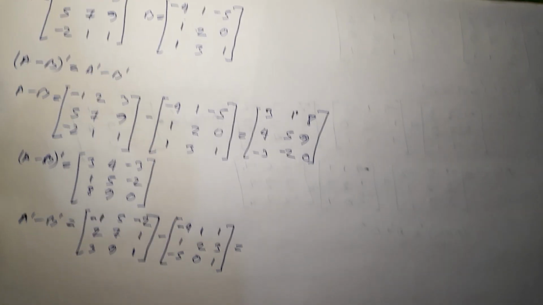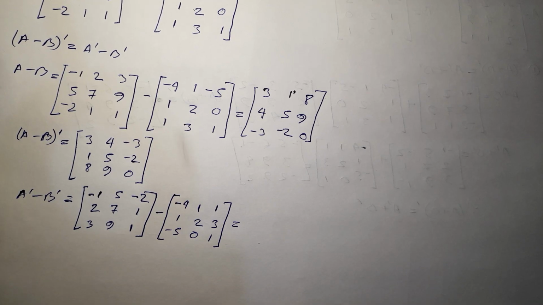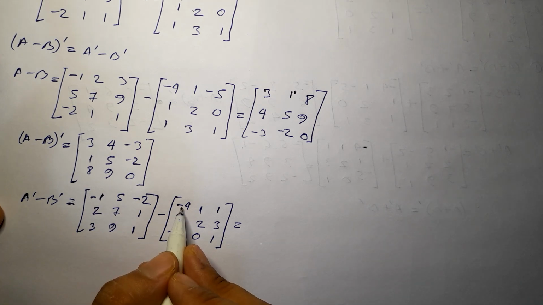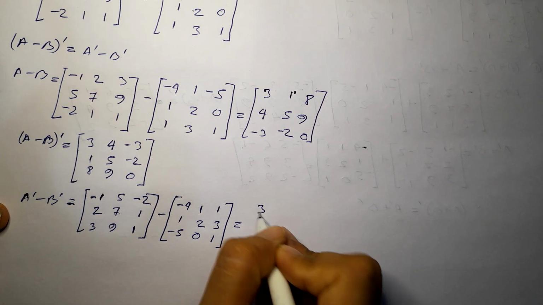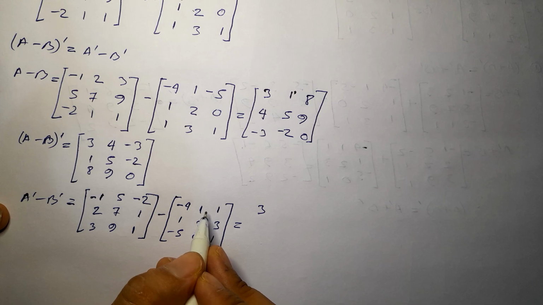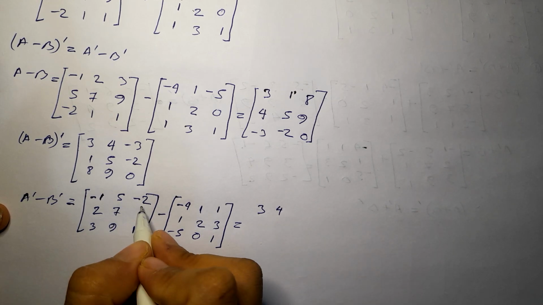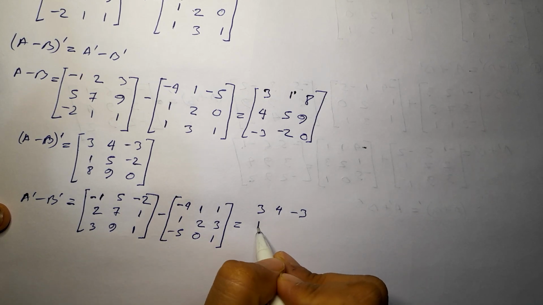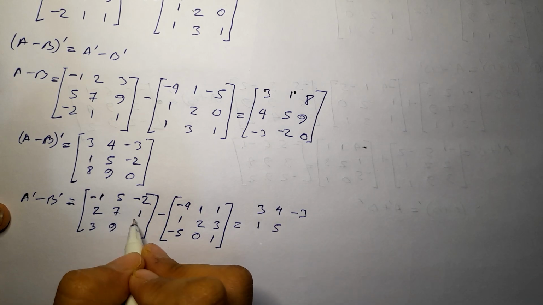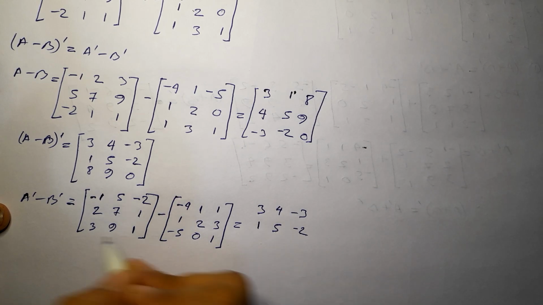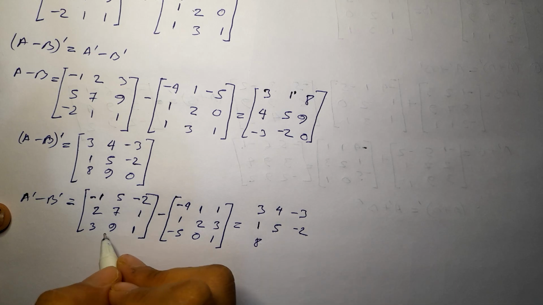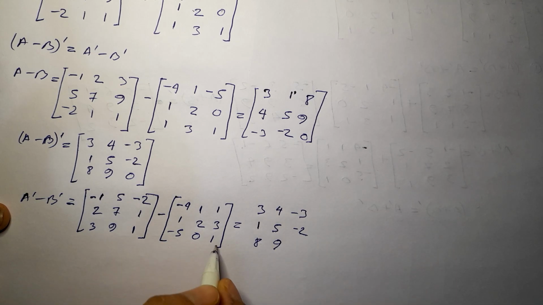Now the subtraction of these matrices we can do directly, because we have already become experts at subtraction and addition. -1 plus 4 gives 3. 5 minus 1 is 4. -2 minus 1 is -3. 2 minus 1 is 1. 7 minus 2 is 5. 1 minus 3 is -2. 5 plus 3 is 8. 9 minus 0 is 9. 1 minus 1 is 0.